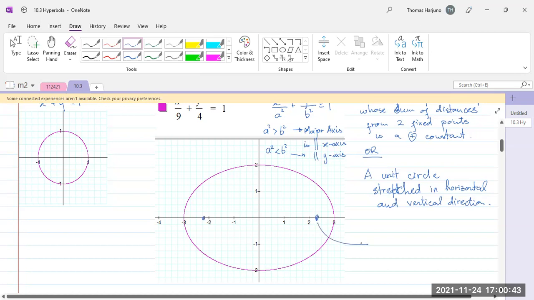The coordinate c here is equal to a squared minus b squared. And of course, this is the negative of that.